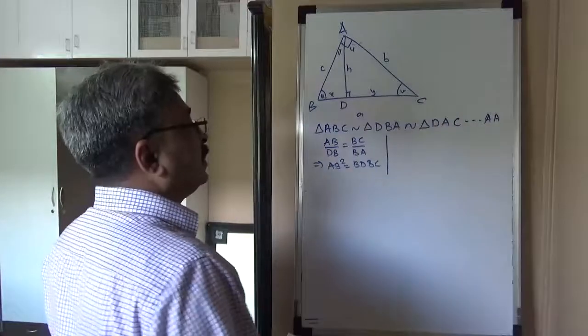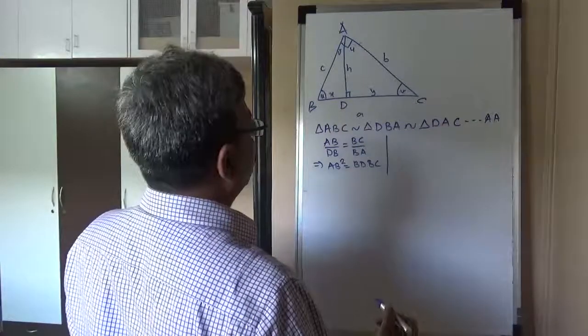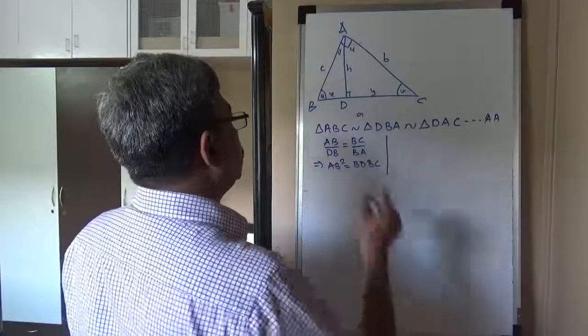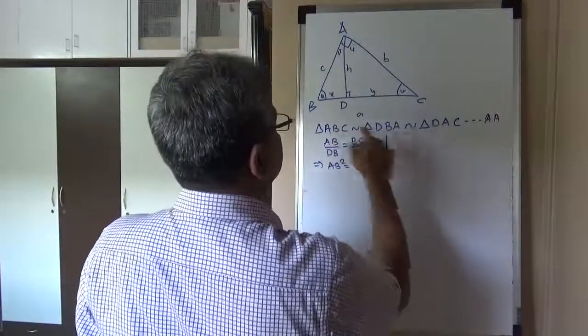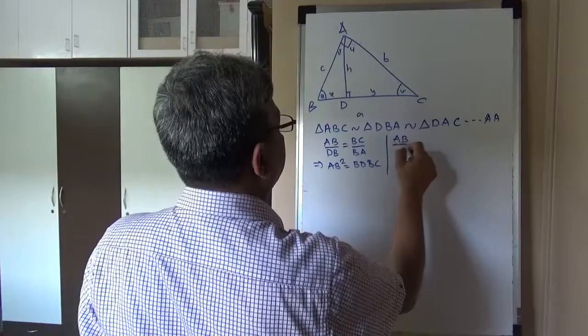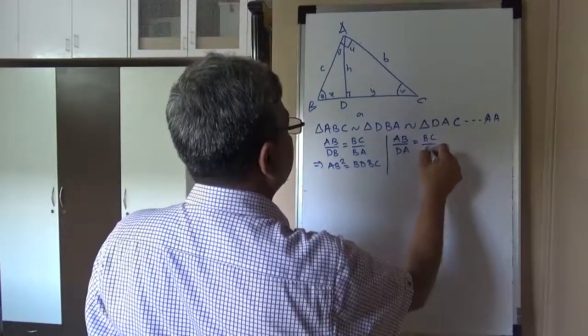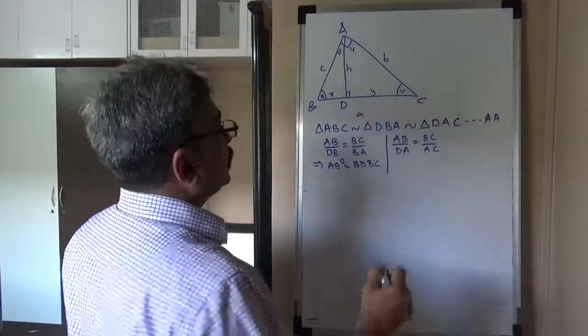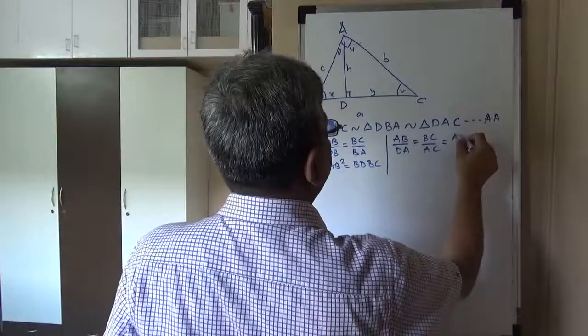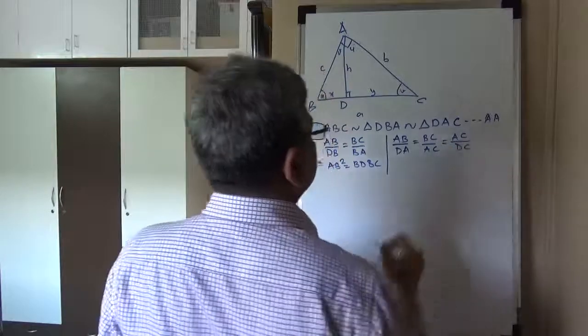So now if I want AC square, what should I do? I use these two triangles. So AB upon DA is equal to BC upon AC is equal to AC upon DC. Is that right?